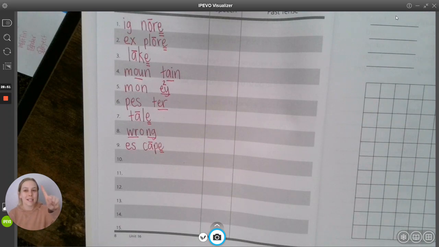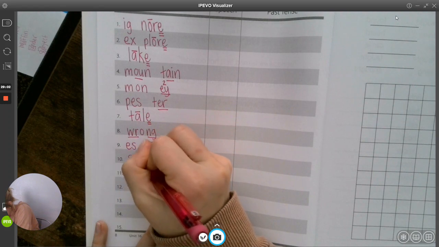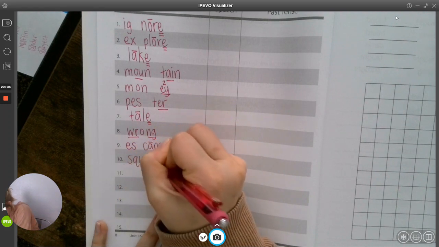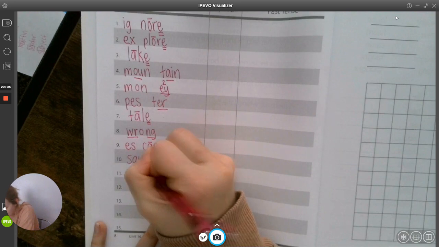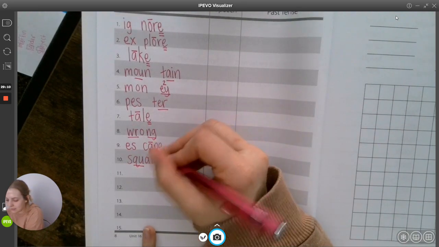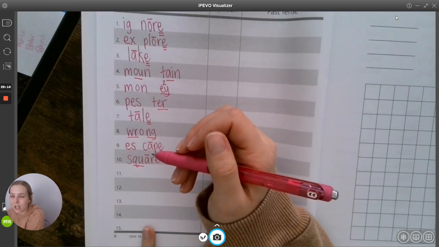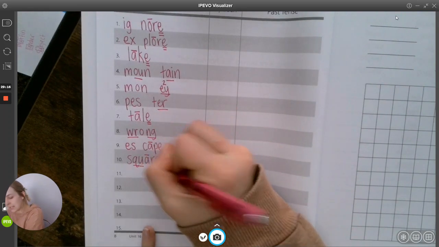Do it again. Z. Qua. A. Silent final E. We're going to underline QU. A, so that's long sound, square, because of silent final E.